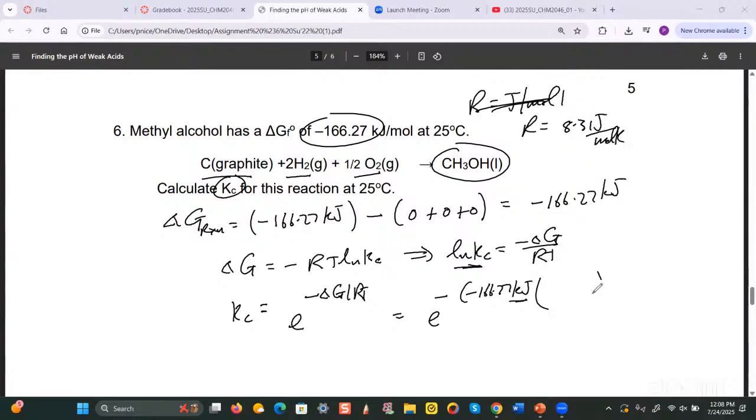So we convert the kilojoules to joules: we multiply by 1,000 joules above, 1 kilojoule below, and then we divide by R, which is 8.31 joules per mole Kelvin, multiplied by the temperature, which is 25 degrees Celsius, the same thing as 298 Kelvin, all right?